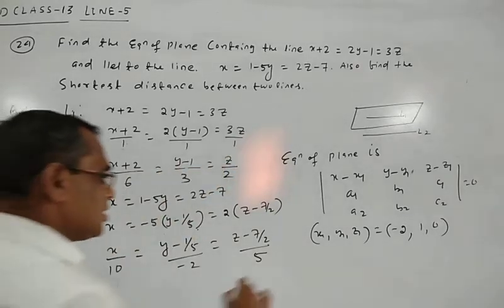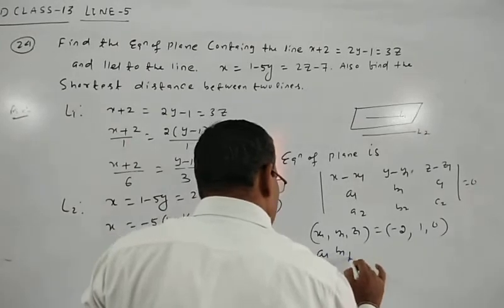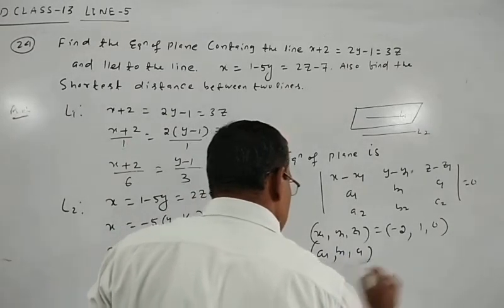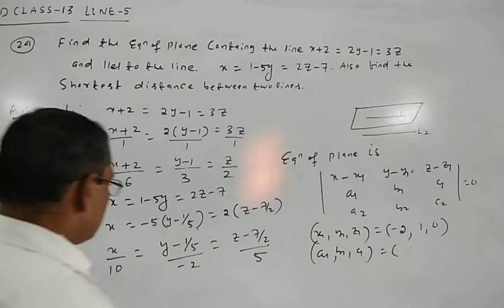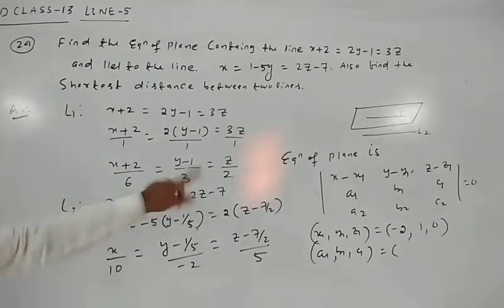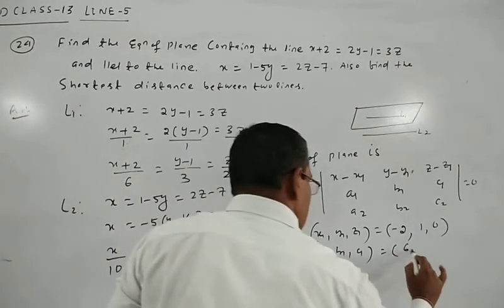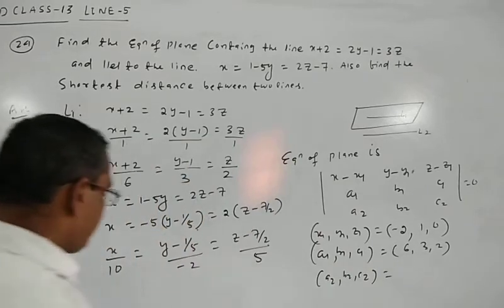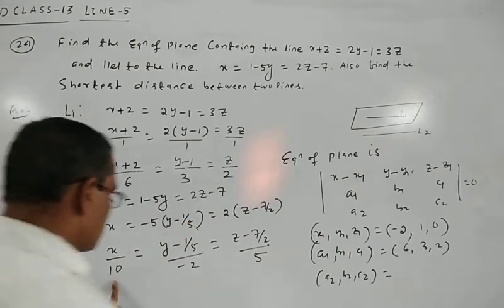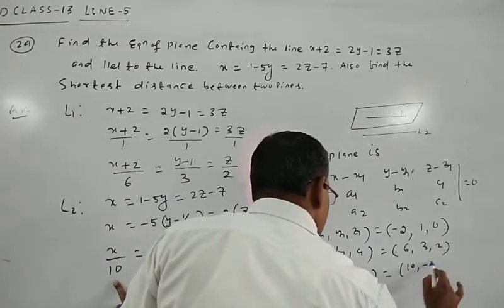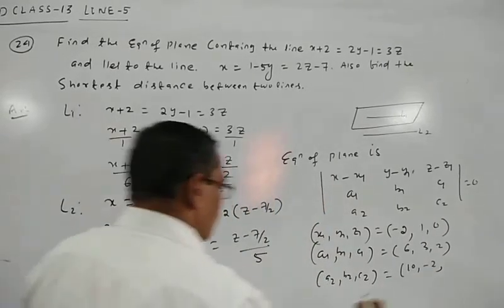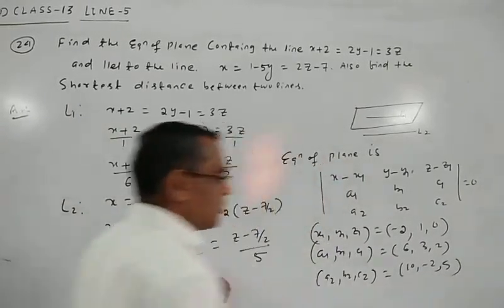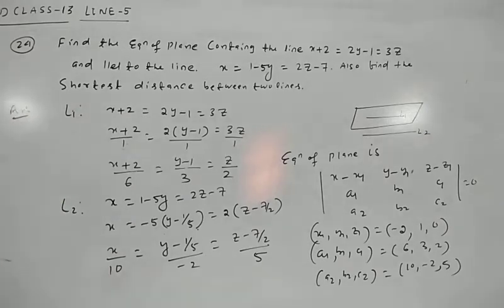The direction ratios of the first line a1, b1, c1 are 6, 3, 2, and the direction ratios of the second line a2, b2, c2 are 10, minus 2, 5. Substitute the values in the equation of the plane.